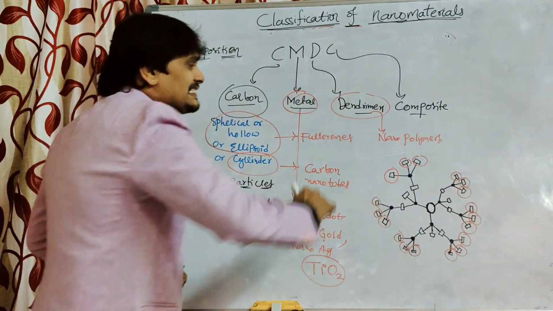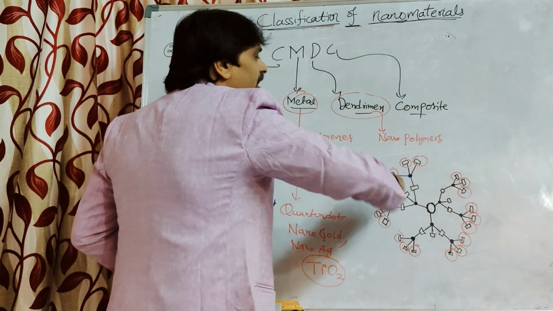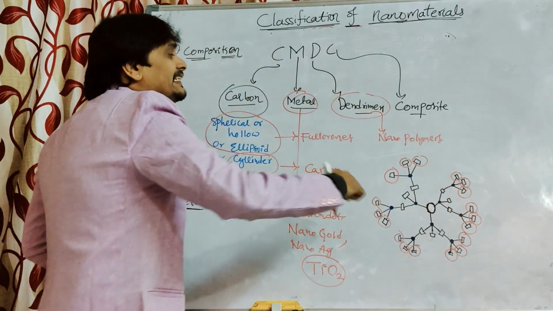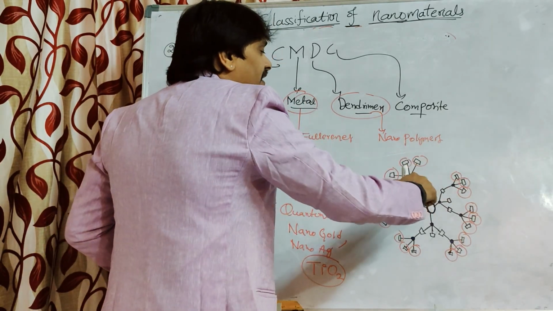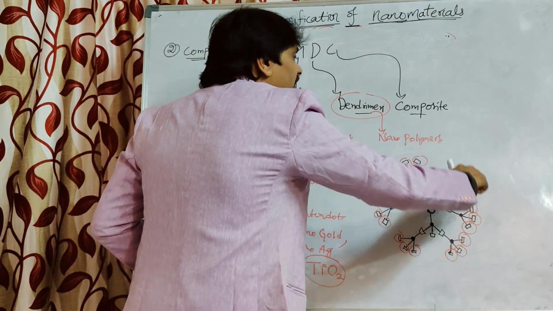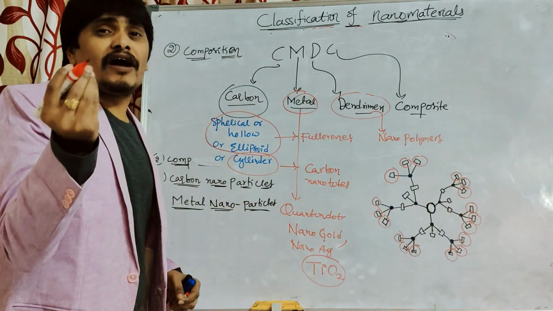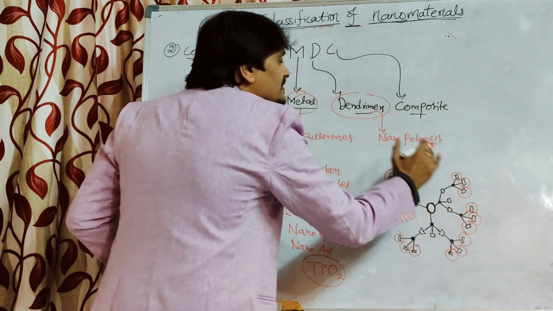Since these nanopolymers, the dendrimers, comprise n number of chain ends, these chain ends can be tailored and functionalized with a desired functional group. Whatever the functional group we want to place, we can place at the chain ends.